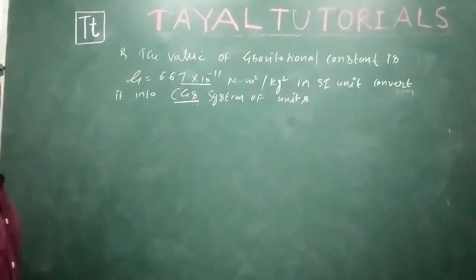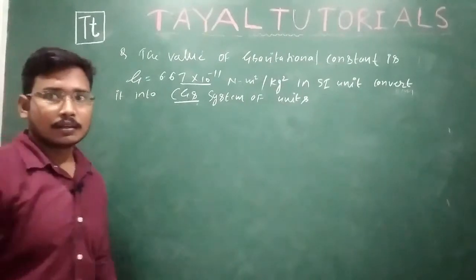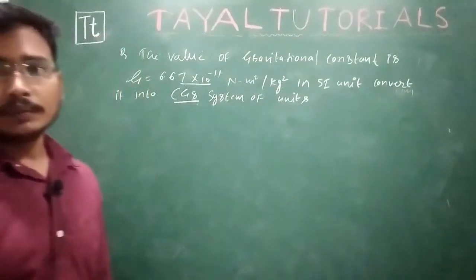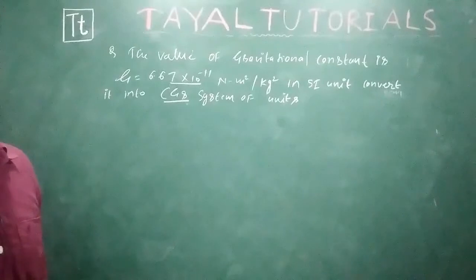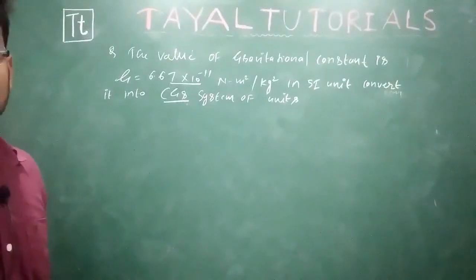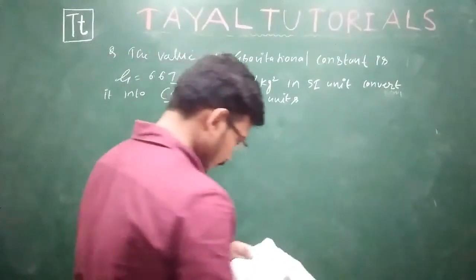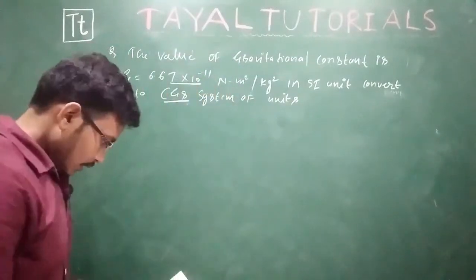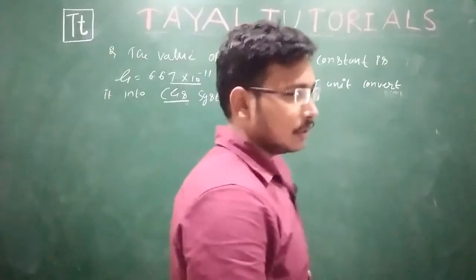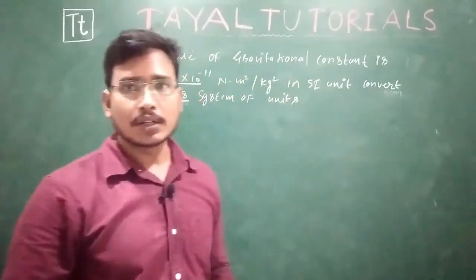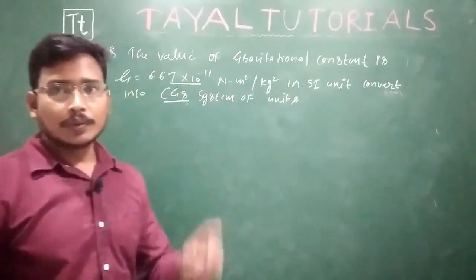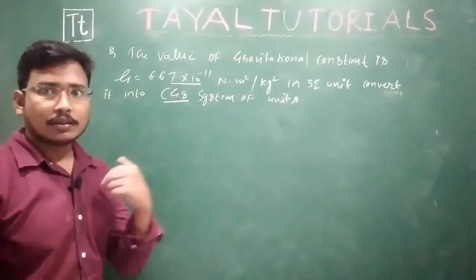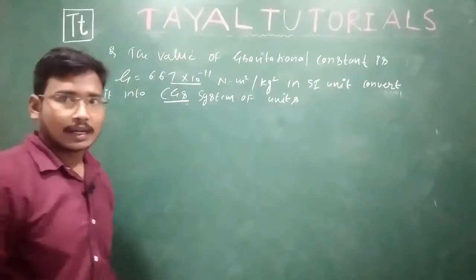So we have to apply that formula: n1 m1 to the power a, l1 to the power b, t1 to the power c is equal to n2 m2 to the power a, l2 to the power b, t2 to the power c. That we have to apply.